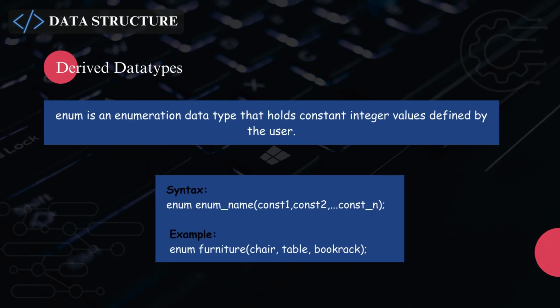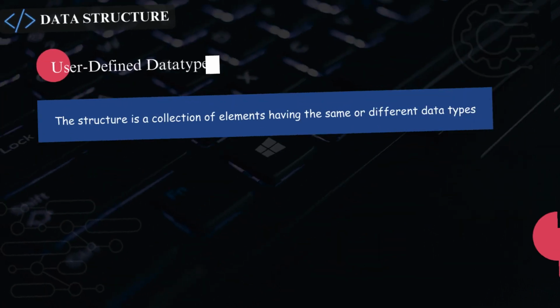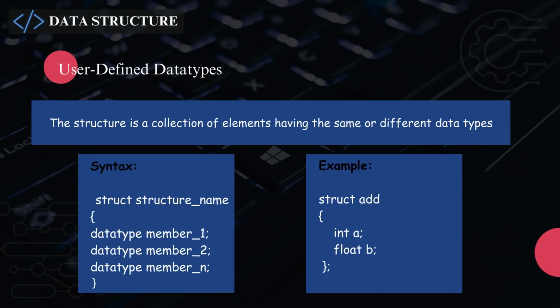So the next data type, enum, is an enumeration data type that holds constant integer values defined by the user. The syntax is enum enum_name, with open bracket constant 1, constant 2, and constant n. For example, enum furniture: chair, table, and book. User defined data types. A structure is a collection of elements having the same or different data types.